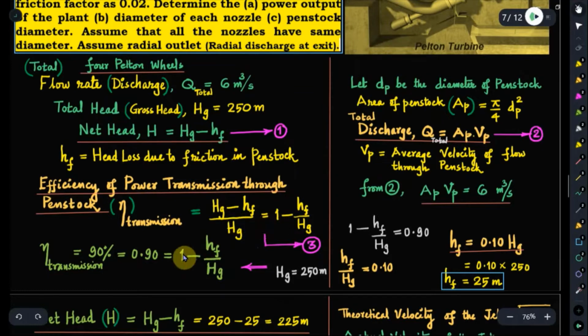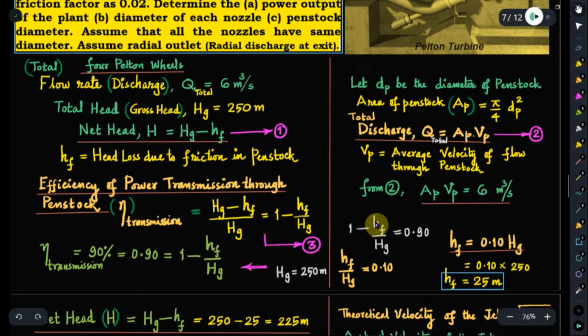So here 1 minus Hf by Hg is given as 0.9, that is 90%, and where Hg or gross head is 250 meters. So of course you can then find out what is the head loss due to friction during the flow through the penstock pipe.